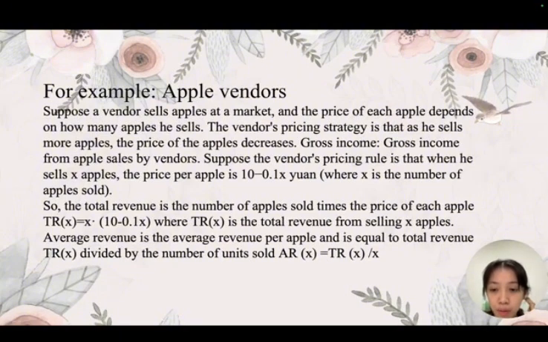So the total revenue TR equals x multiplied by (10 minus 0.1x). And average revenue, the average revenue per apple, is equal to total revenue TR divided by the number of units sold, AR equals TR divided by x.